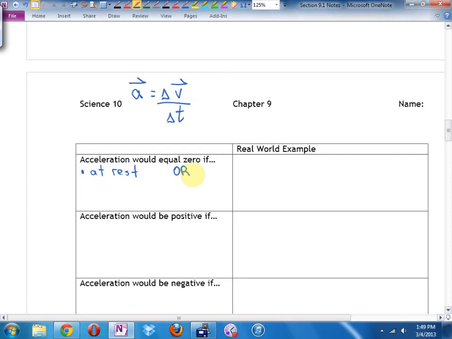Or, can you tell me another way that you might not be at rest, but your acceleration would still be 0?